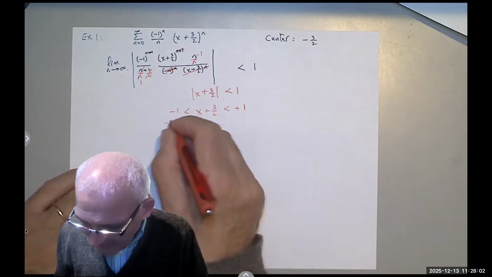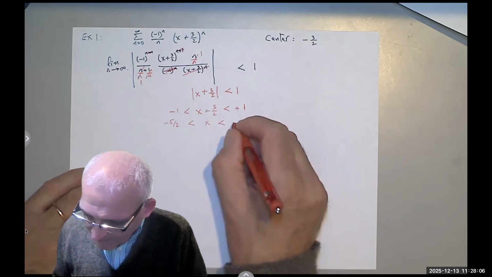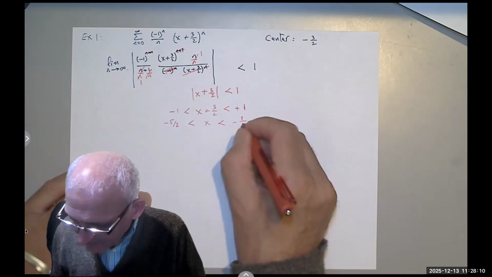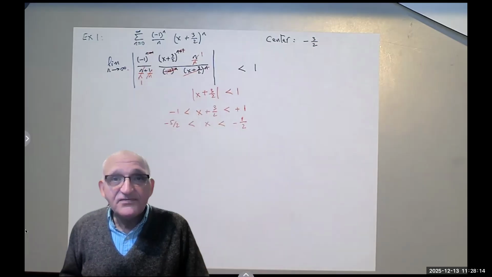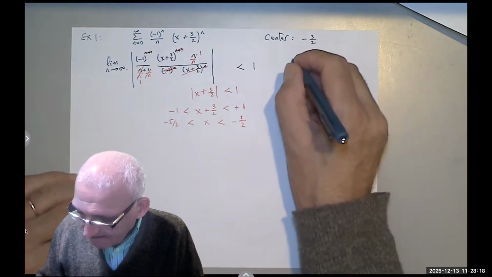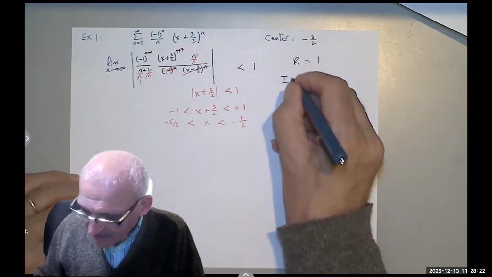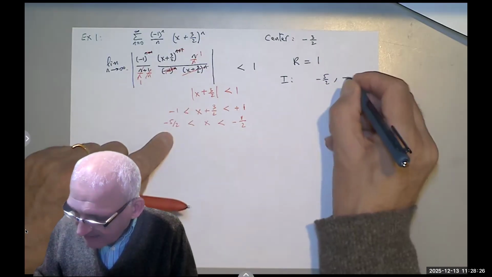So you get -5/2 is less than x is less than -1/2, right? So that's the interval of convergence. First of all, my radius is 1, and my interval is -5/2, comma, -1/2.